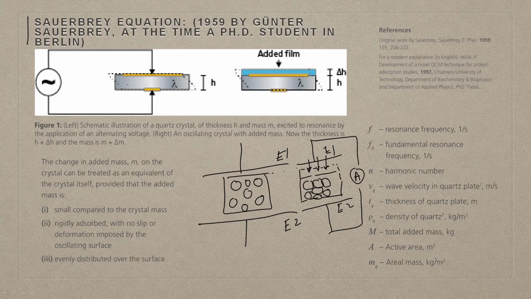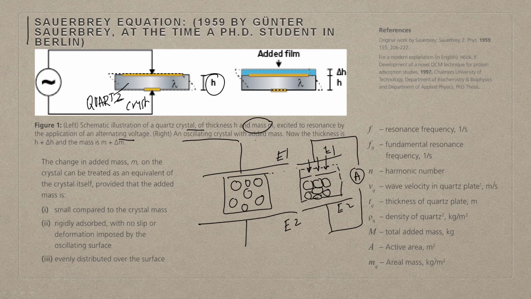What you see here is a quartz crystal, and these are the two electrodes across it. A schematic illustration of the quartz crystal of thickness H and a mass M, excited to a resonance frequency by the application of an alternating voltage.